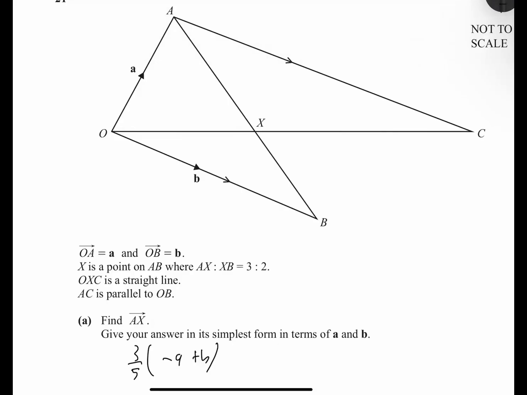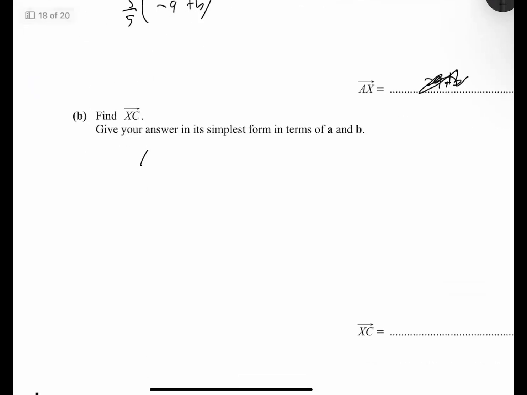So we could use ratios for this question. So AC over OB is equal to AX over XB.